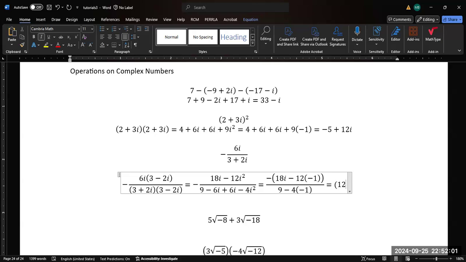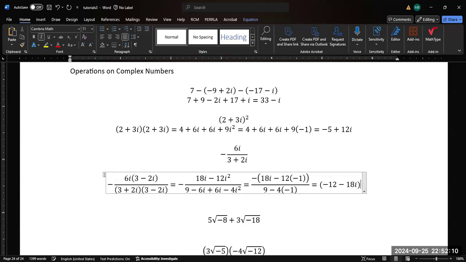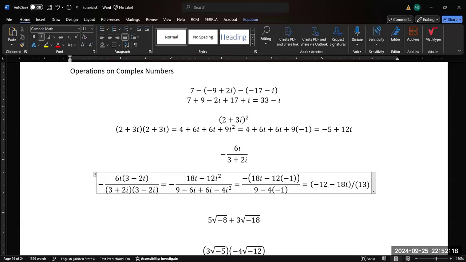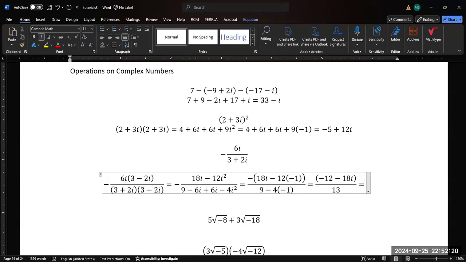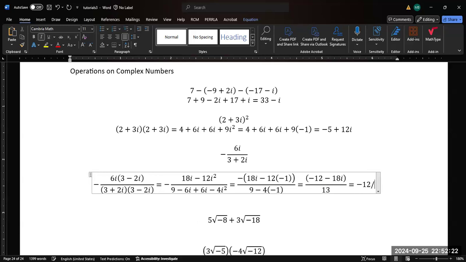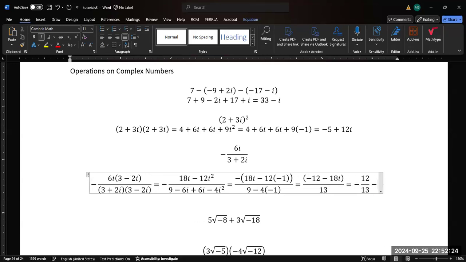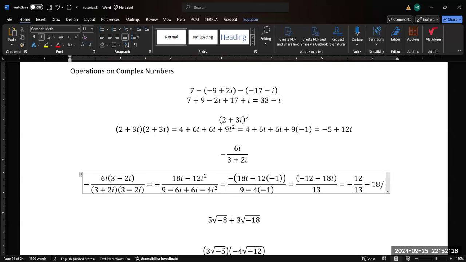And then negative times the 18i is going to be negative 18i. And then in the denominator, the negative 4 times the negative 1 is going to be plus 4, which is going to be 13. And so now we can rewrite this as negative 12 over 13 minus 18 over 13i.